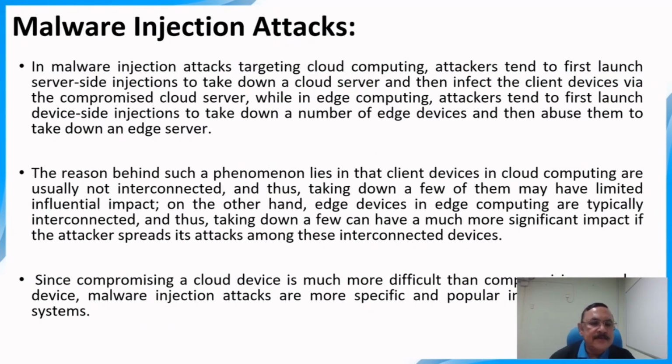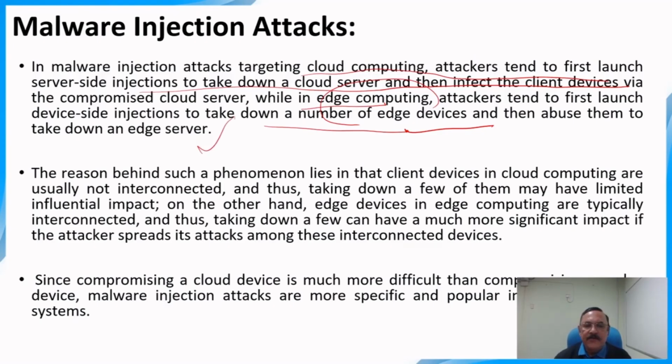Now, malware injection attacks. In attacks targeting the cloud computing, attackers tend to first launch the server side injection to take down the cloud servers and then infect the client devices that connect to the compromised cloud servers, while in the edge computing, attackers tend to first launch the device side injections to take down a number of edge devices and then abuse them to attack the edge servers.